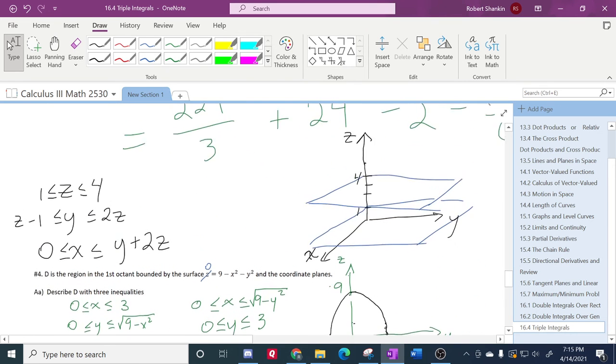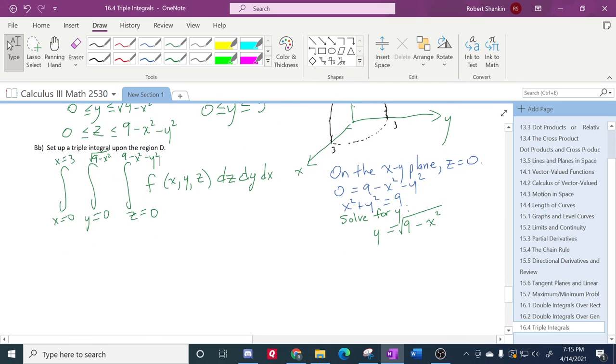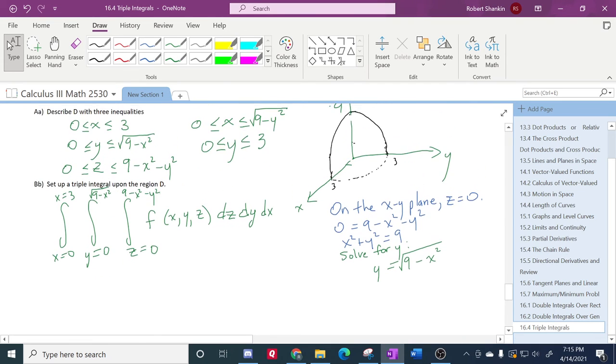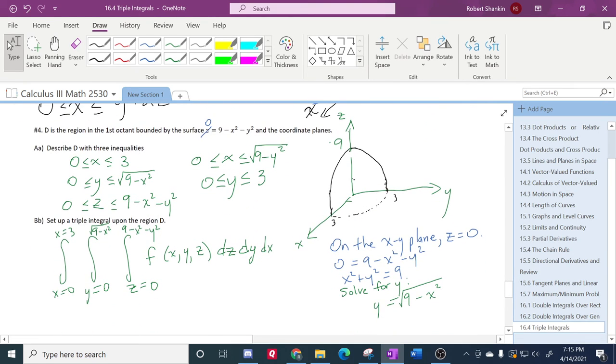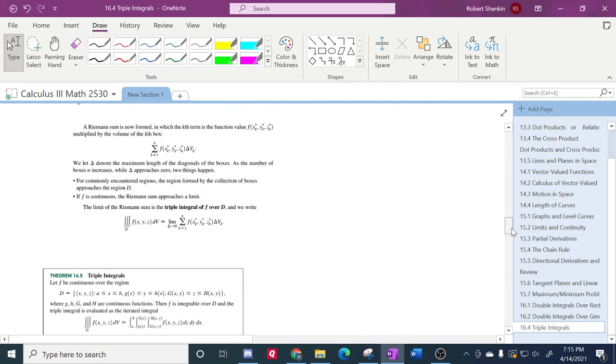In a double integral, the f(x,y) was the surface that you were integrating under. But in a triple integral, the f(x,y,z) is something else. Let's go over some of the possible applications again.